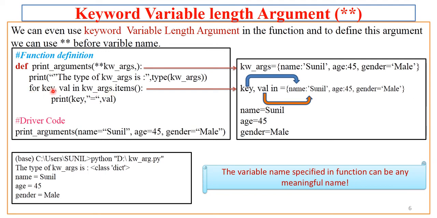So here the for loop is taking a little bit different form. Now let us first see the driver code part, so that this for loop will be easy to understand. So I call this function print underscore args, but I pass the value not as a standalone entity, but as a pair of name and value.